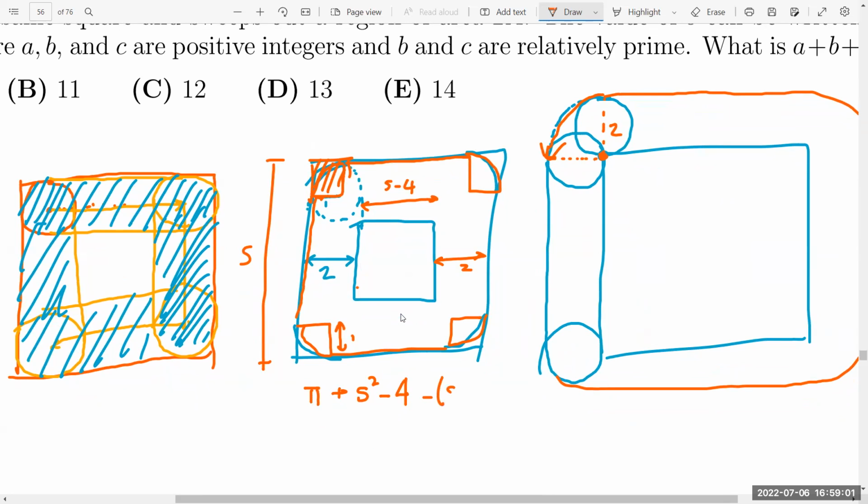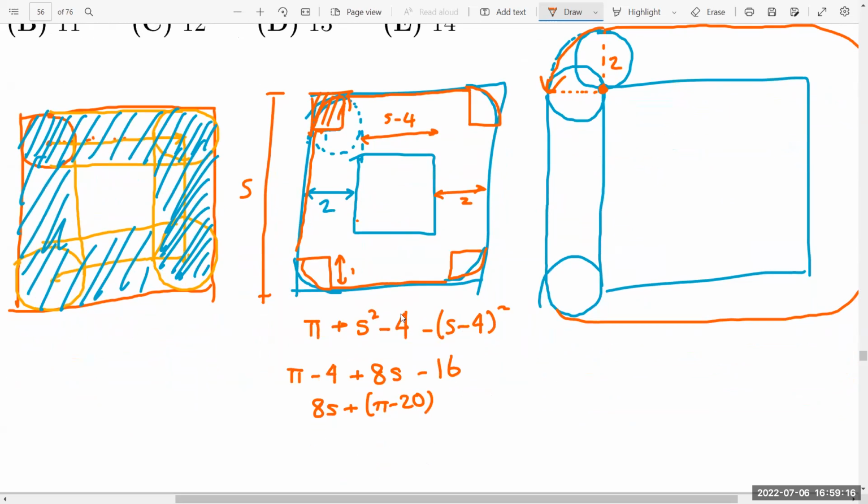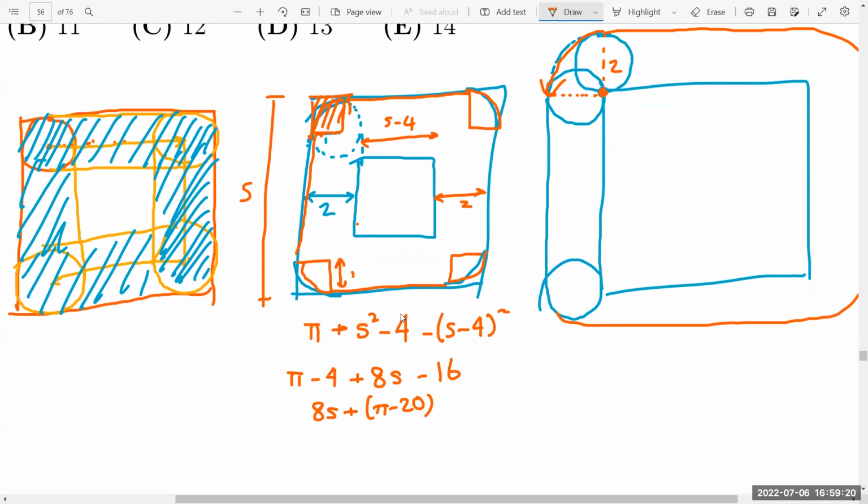So we subtract (s minus 4) squared. This calculates to pi minus 4 plus 8s minus 16, or 8s plus pi minus 20. That's the area of this region here.